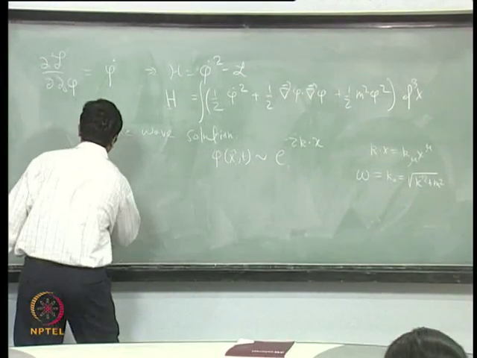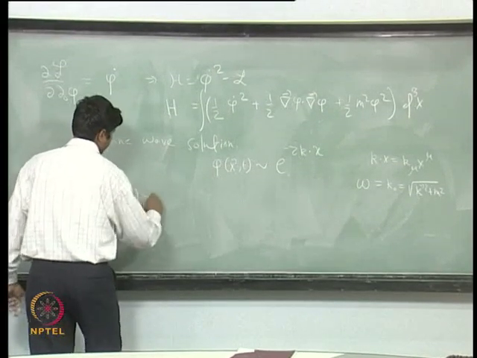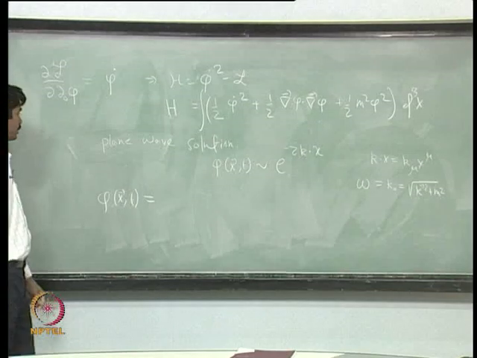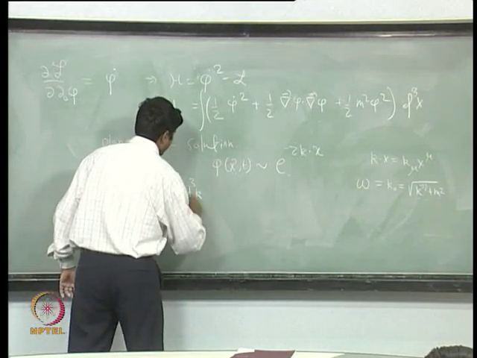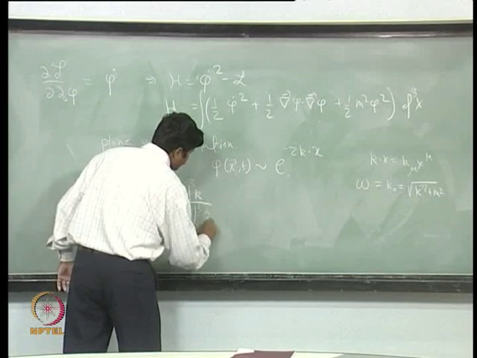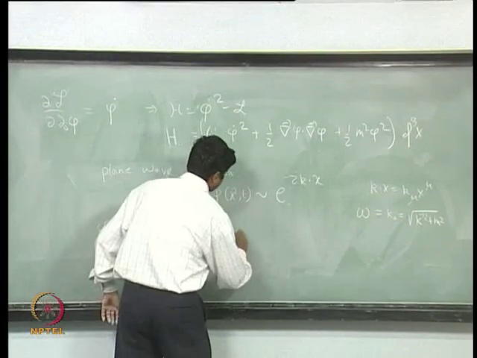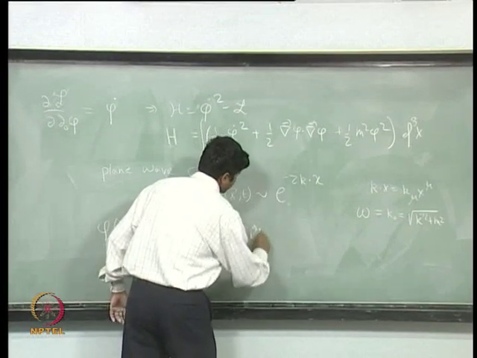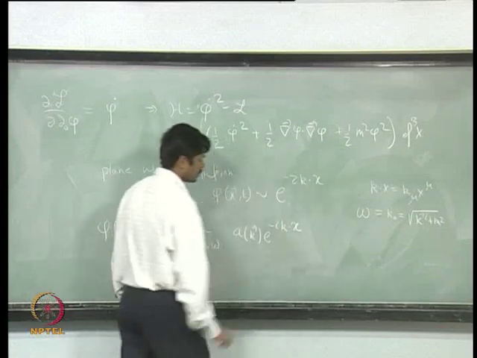So, more generally, phi of x, t will be given by the integral of d cube k over 2 pi cube 2 omega times a k e to the power minus i k dot x.